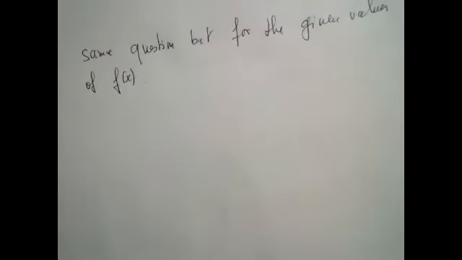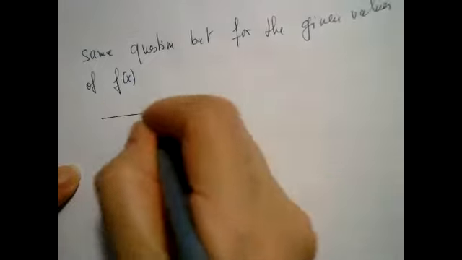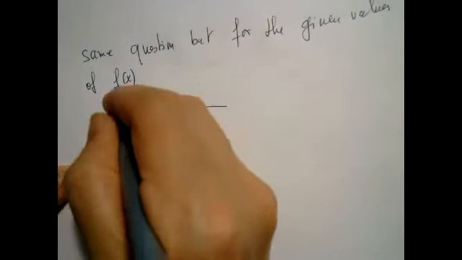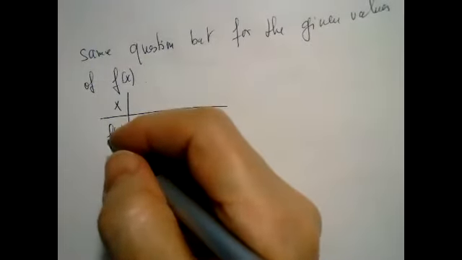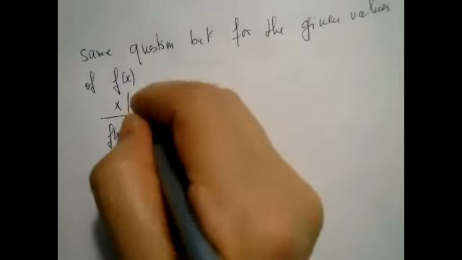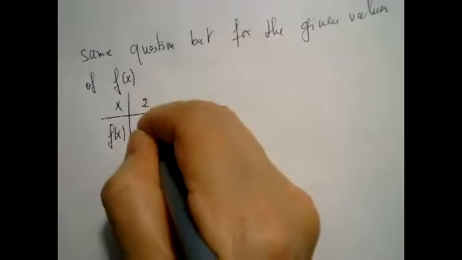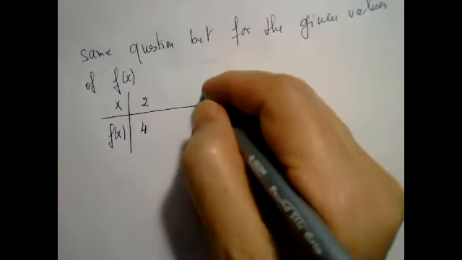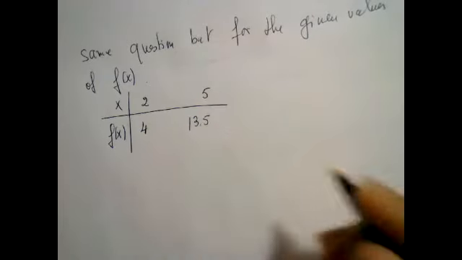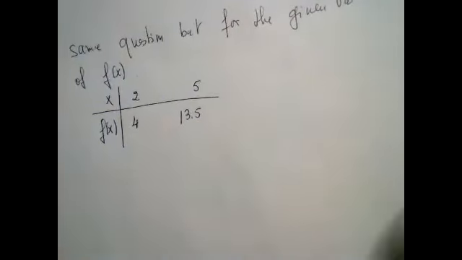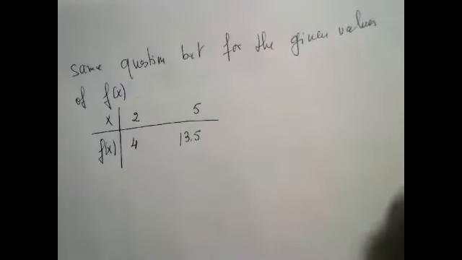So my values are x and f of x. And I want the function to take 2 to 4 and to take 5 to 13.5. And the question is, find the formula for the exponential.